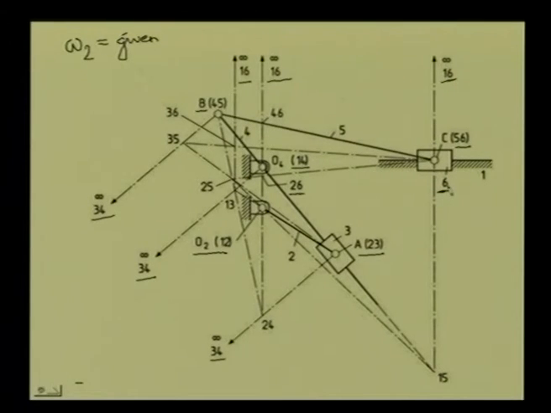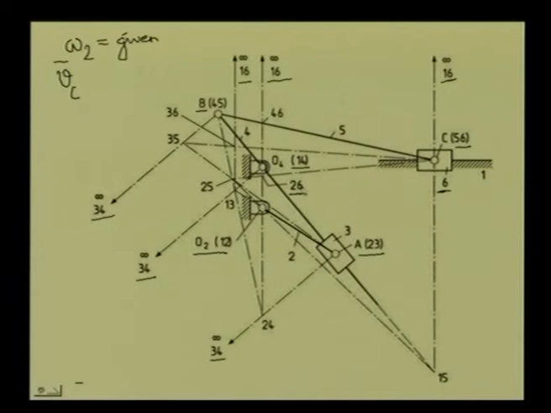What is the velocity of link 6 or velocity of the point C, which is the same as the sliding velocity of the cutting tool? Now, to determine this, we argue it out as follows.